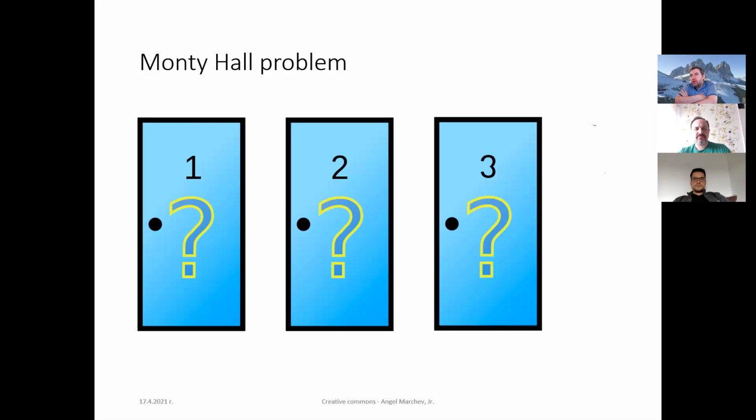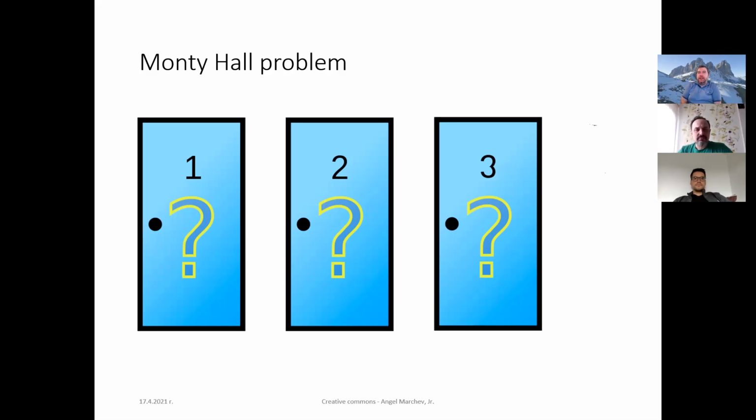Behind one of these doors is the big prize, and behind the 2 other doors there is nothing.